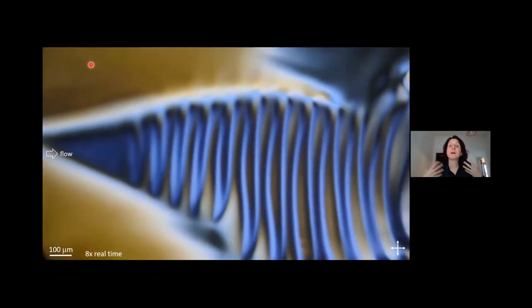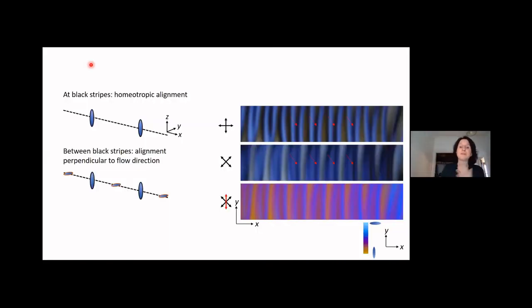Now, to learn what type of director field is behind this formation of the stripes, we zoom in and do a couple of different visualization tricks. So we can rotate the crossed polarizers. And given that upon this rotation the dark stripes remain dark, this tells us that at the dark stripes, the directors are homeotropically aligned, which means that they all point in the z direction, so in the gap direction.